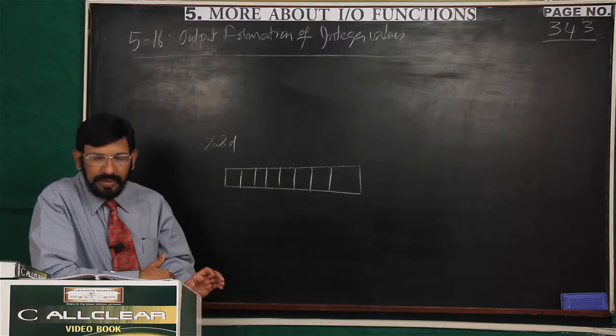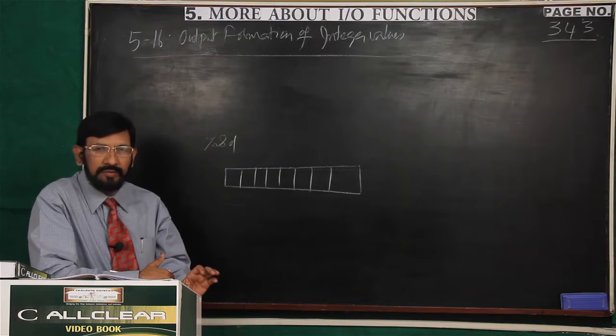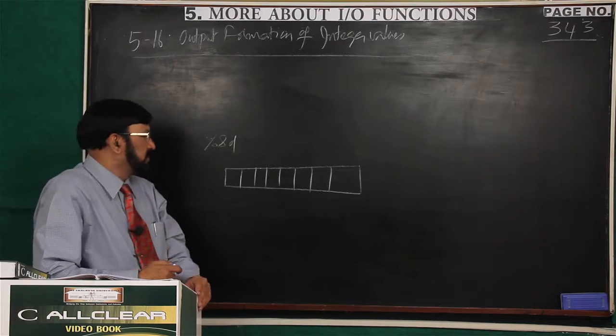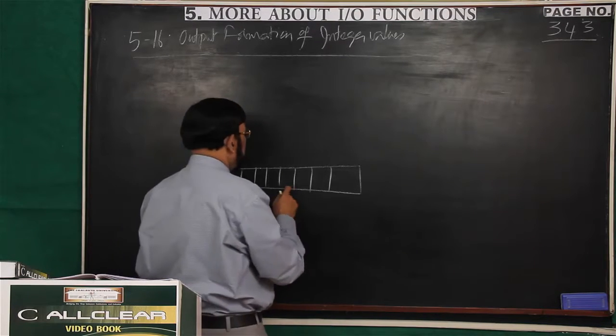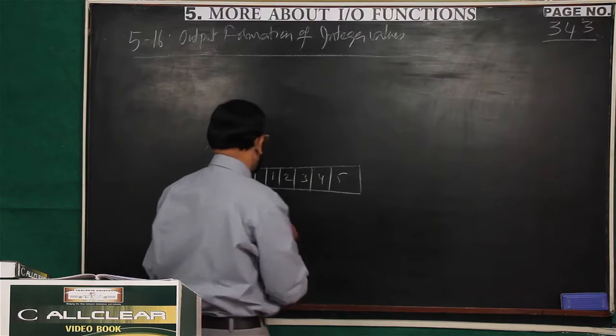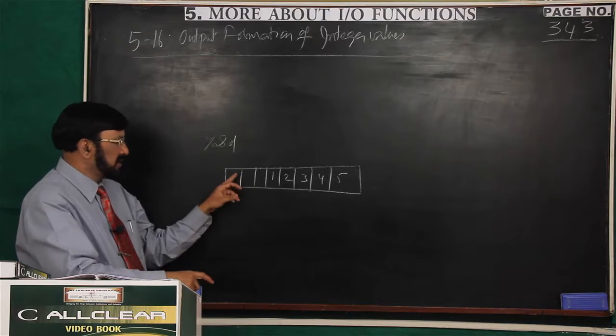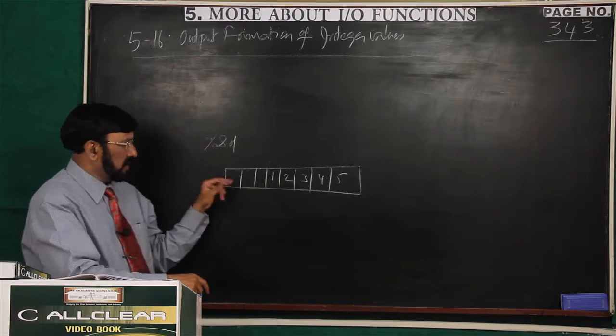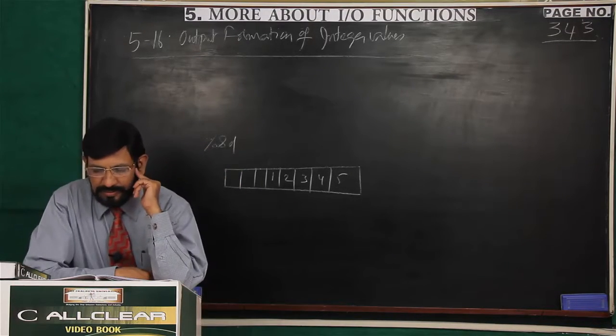And the number is printed by default with right justification. Then how is it printed? 12,345 with 3 leading spaces left over. That is the meaning.